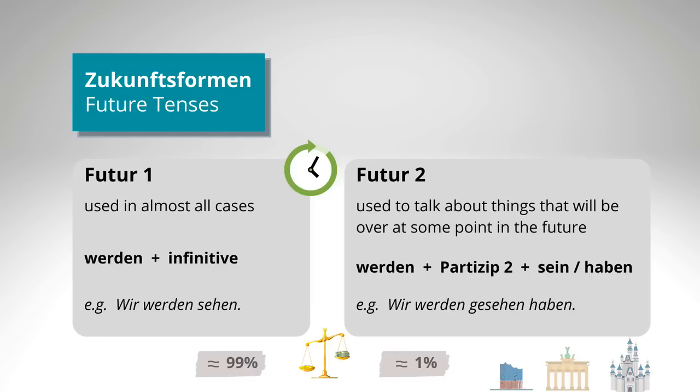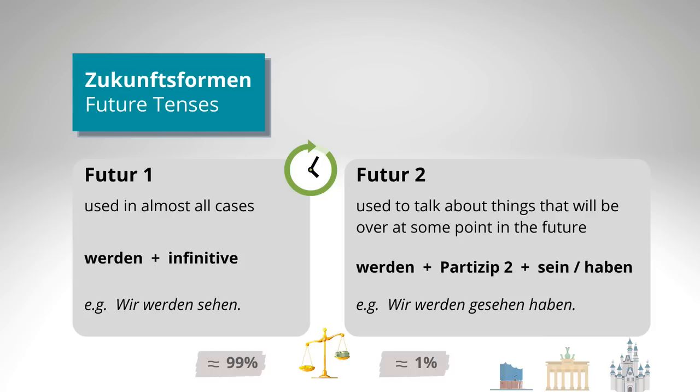The only kind of tenses that we now have left are the future tenses, or Zukunftsformen in German. Here we have the Futur 1, future 1, and the Futur 2, future 2. The Futur 1 is used in almost all cases, and it's the German version of the will future, going to future, and future progressive.